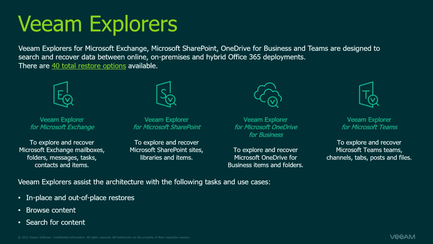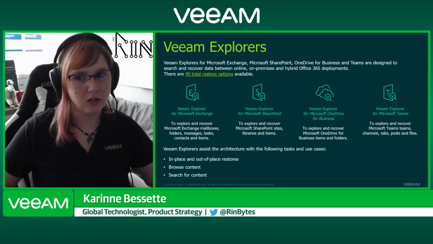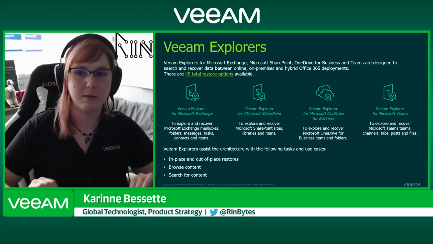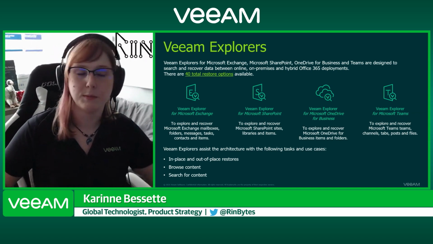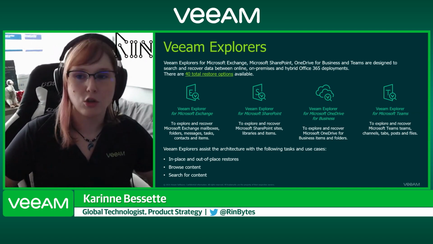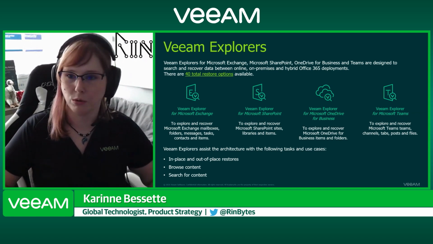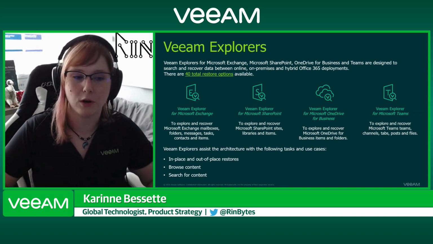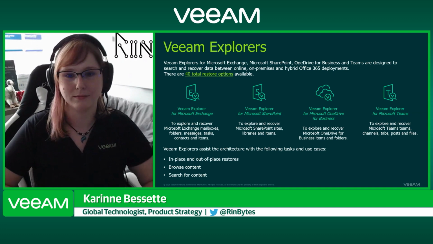But as you move down the line with SharePoint, you actually get lists, documents, and items. OneDrive looks exactly like a file explorer with all your file folder structures. In Teams, you're seeing your channels, your tabs, your posts, your files, things that you would expect to find in those applications. Now, we also tailor each Explorer so that they have the same look and feel. Though you're restoring the specific data for the application, you don't have to be an application administrator in order to get this data back to your end user in the format that they expect to get it back in.